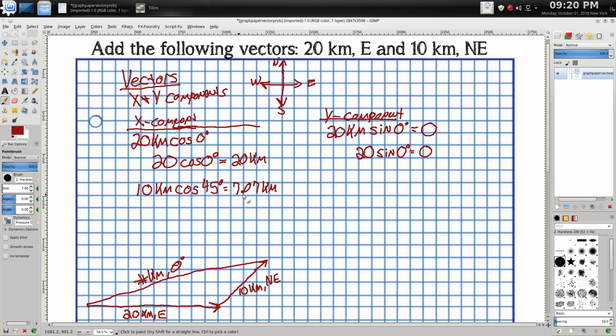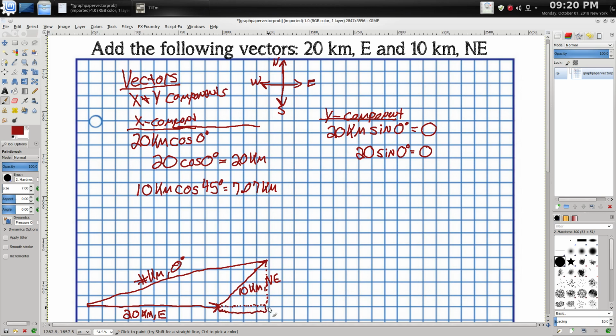Now that's how much x we have. Now, if you're wondering, what does this even mean, this 7.07? Well, let's look at this vector. If you look at this vector, you can see if we were to draw this out and make a right triangle, we actually have a displacement right here. So from the head of this arrow, it's been moved this much in the x direction.